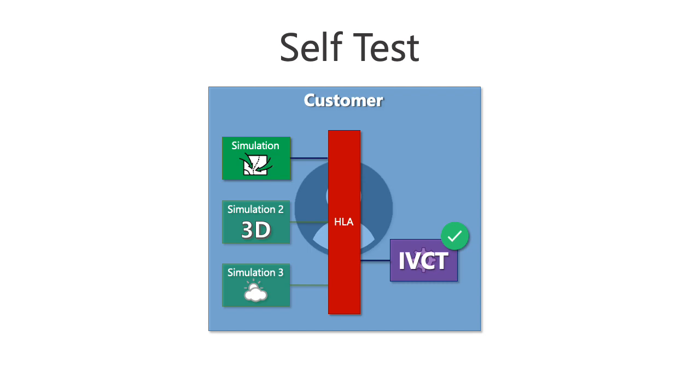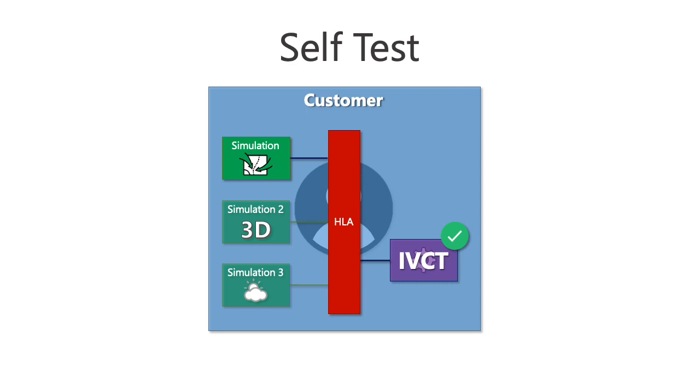And then you verify that your system successfully passes the IVCT. At this point, you could stop and say, that's enough for me. I don't want to have a certificate. I only want to verify that my system is properly configured, that the developers did a good job in implementing the standards that I want to use for my next event or exercise.